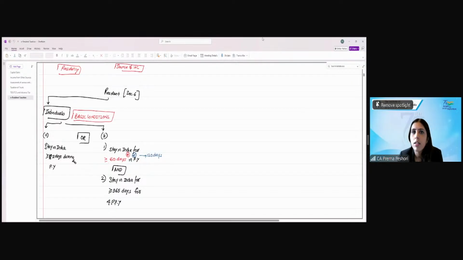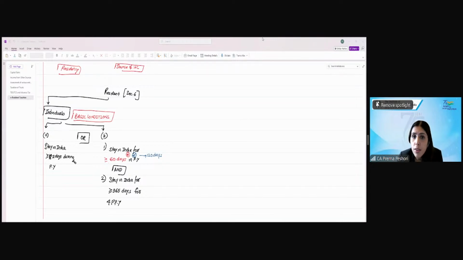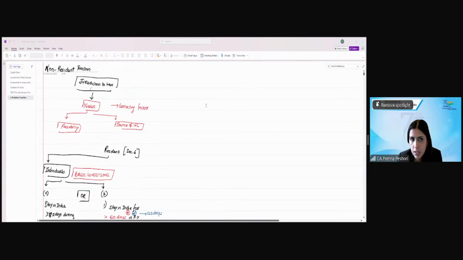Absolutely. So very good. Basically, students, the scope of total income is based on your residential status. Whether you are a resident or a non-resident, your scope of total income will change, right? For a resident, the global income gets taxable in India, whereas for a non-resident, only the income accruing or arising or received or deemed to be received in India is taxable.